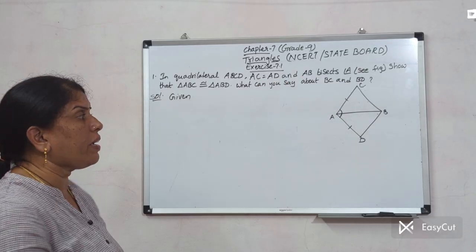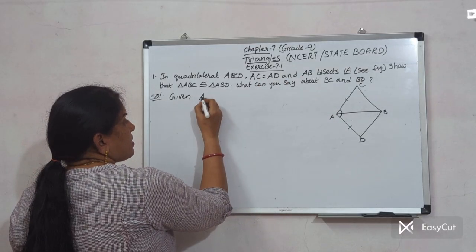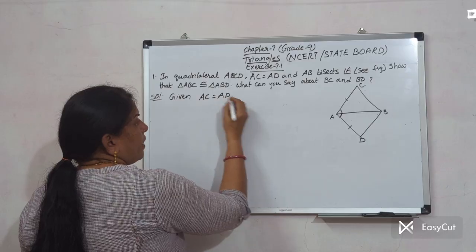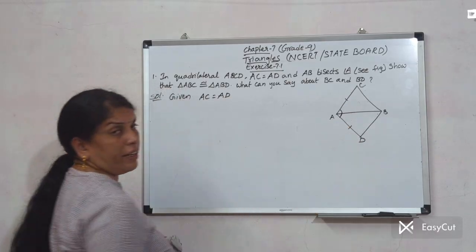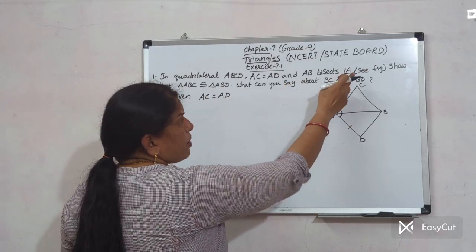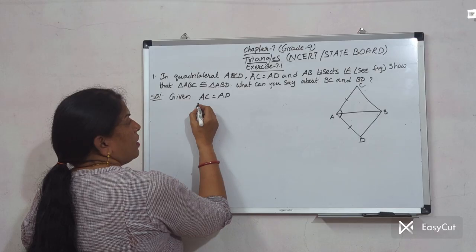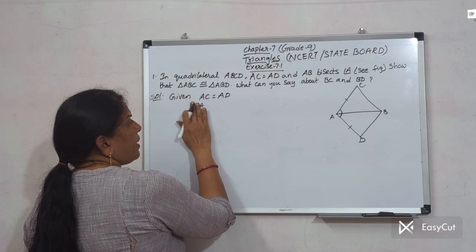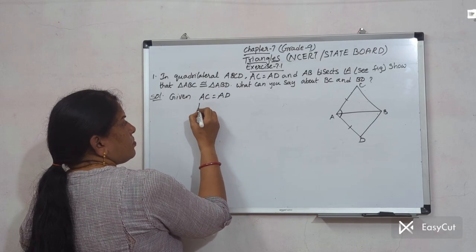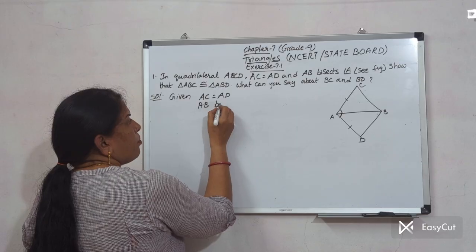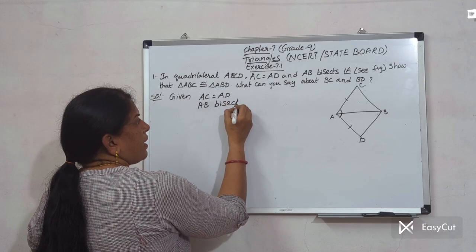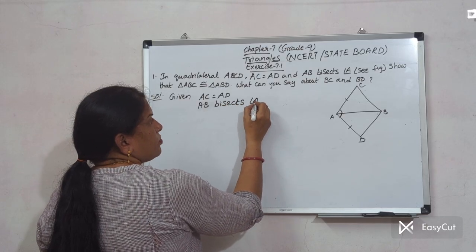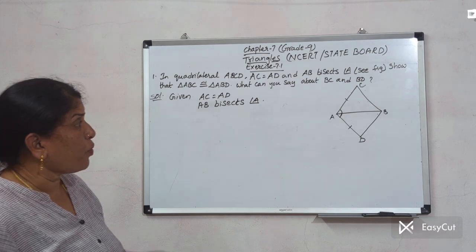AC is equal to AD. AC and AD are equal. And AB bisects angle A. These are the given points.